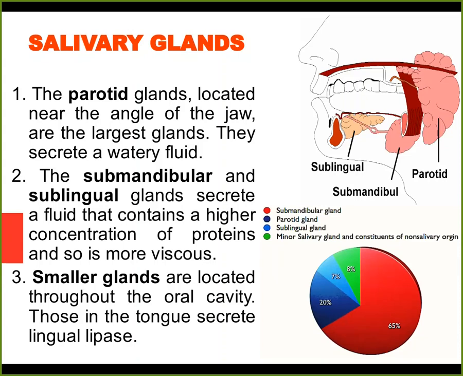These small glands are placed in all places of our oral cavity and produce saliva to prevent dry mouth and to provide nutrition for our own tissues like teeth and muscles.